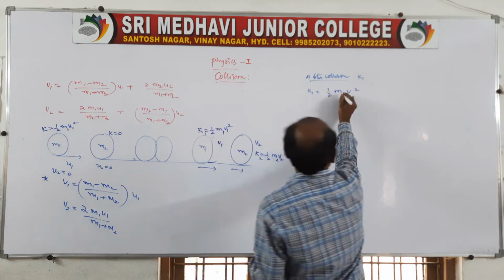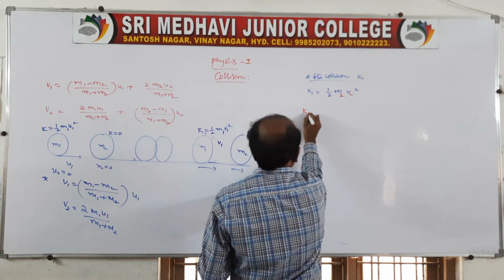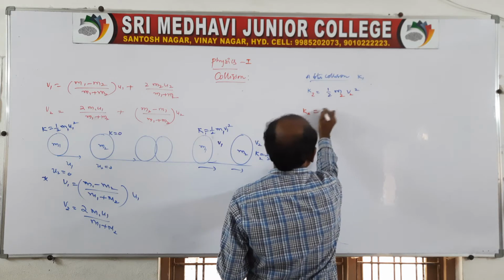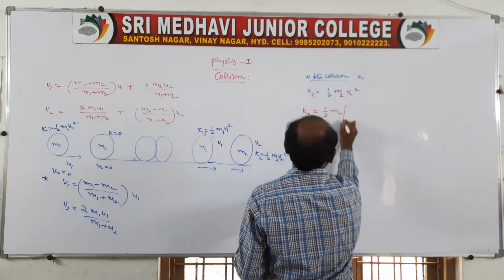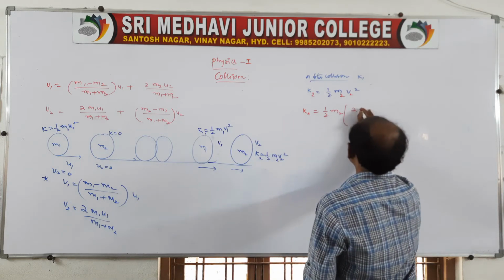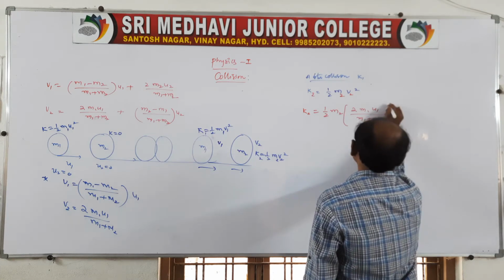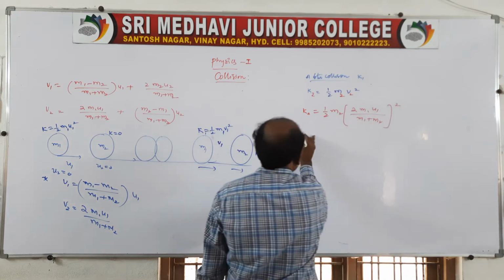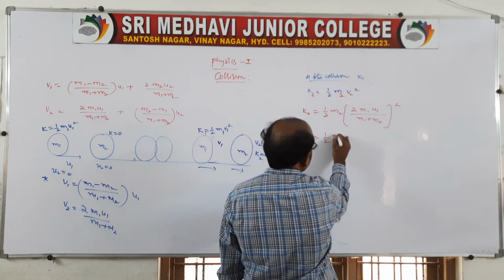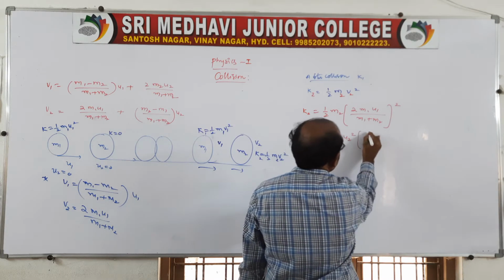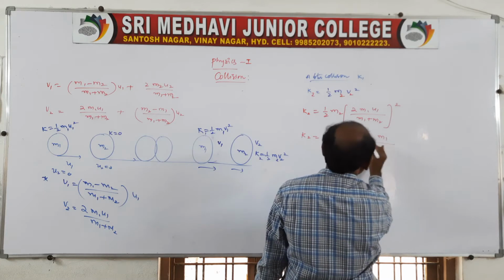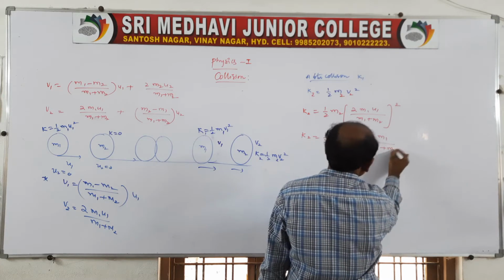So K2 is equal to 1 by 2 m2 into v2, where v2 is 2 m1 u1 by (m1 plus m2), whole square. So after collision it will be m2 u1 square 4 m1 square by (m1 plus m2) whole square.